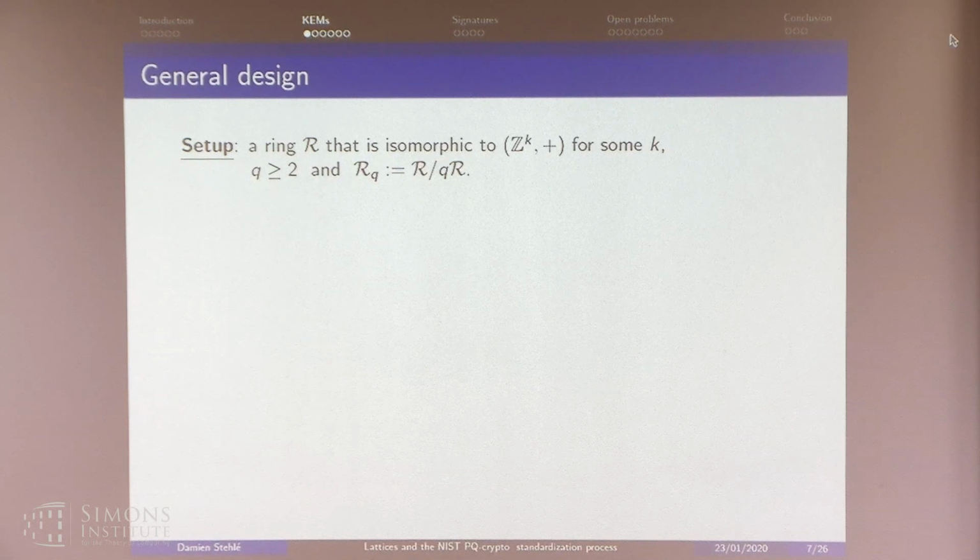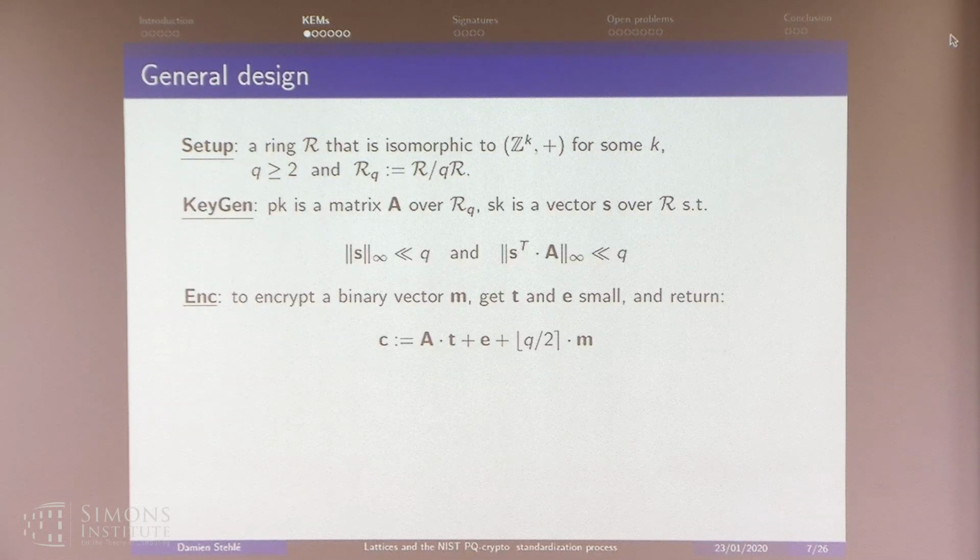Okay, so we have a ring R which is isomorphic to a copy of Z, to copies of Z. An integer Q, which is typically much larger than 2, and R_Q, which is R quotiented by QR. So what is keygen? The public key is a matrix over that ring R_Q.